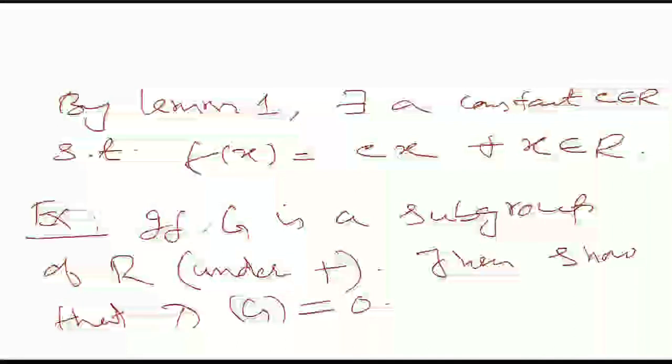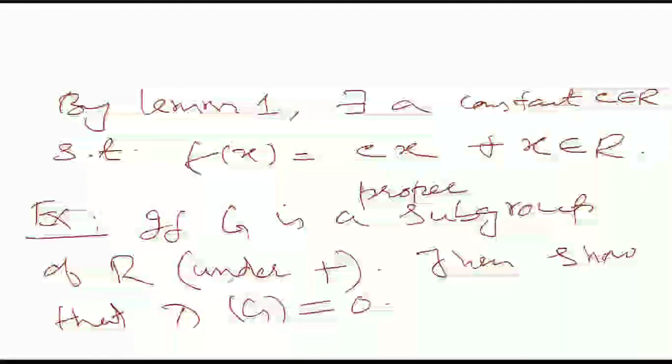Okay. So here, if we can find a subgroup of R which is uncountable, that subgroup of R is always a null set, because every proper subgroup of R is a null set. If G is a proper subgroup, any proper subgroup of R is a null set.